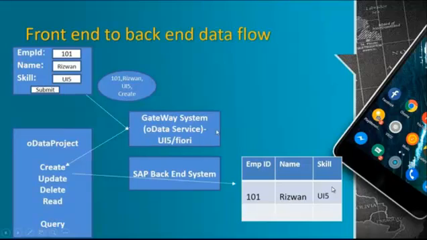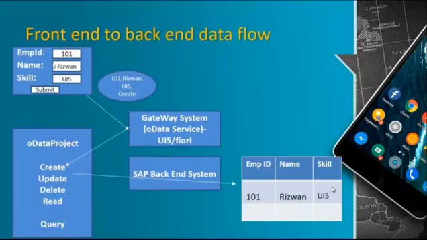Now, the second reason why this SAP gateway system is present. We know that any web application needs to be deployed in a web server. For example, take facebook.com. Facebook.com is a web application. Is it not deployed in a web server? Take amazon.com. Is it not deployed in a web server?